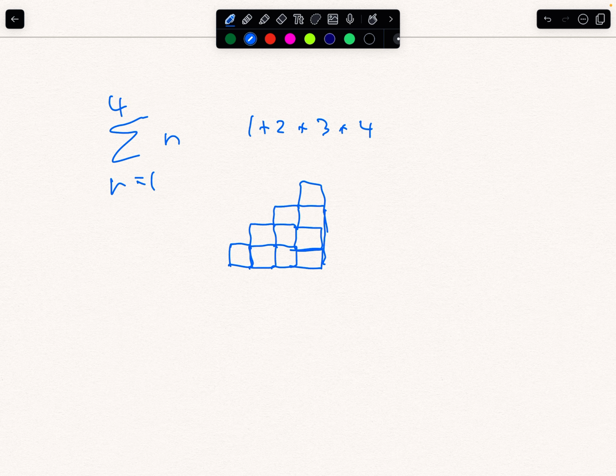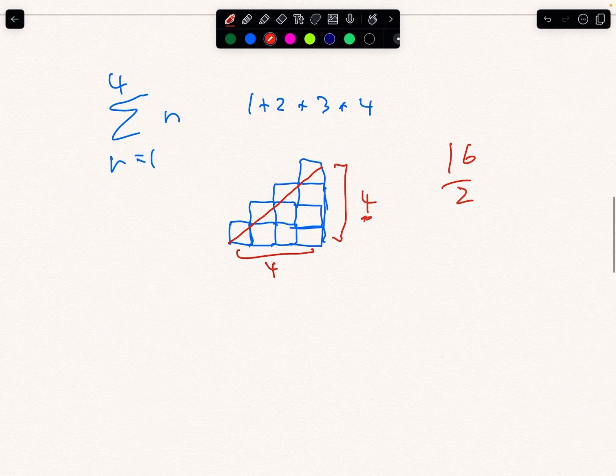So how could you calculate the area of this shape? Let's draw a line like this so that we create a triangle. This is the triangle I'm talking about. The base of this triangle is going to be 4, obviously, and the height is going to be 4. So the area of this triangle is going to be 16 over 2. Or let's say I didn't have 4 here, but a variable n. It would be equal to n squared over 2. But let's not forget about this part.